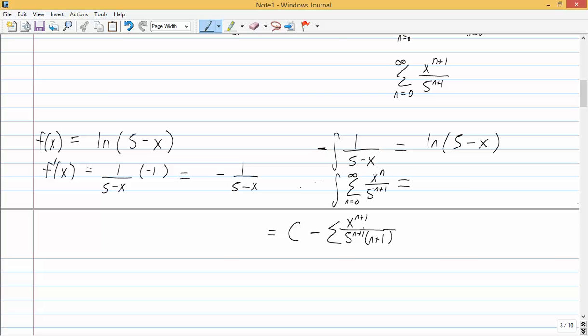Okay. So here's what we have. The natural log of 5 minus x is equal to c minus the summation x to the n plus 1 over 5 to the n plus 1 times n plus 1. Now, we could figure out what c was equal to by plugging in any value for x.